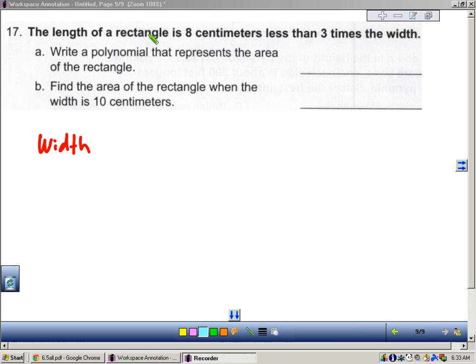Reading this first sentence, if I knew the width, I could calculate the length. Okay? 8 centimeters less than 3 times the width. But I don't know the width, so I'll call that x. So according to the information, 8 centimeters less than 3 times the width is the length.